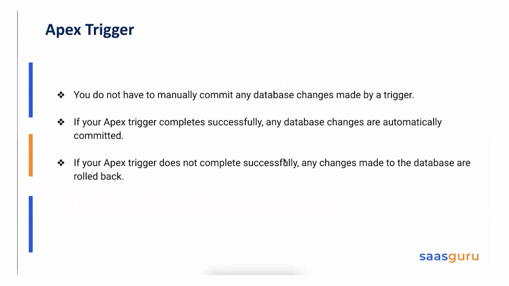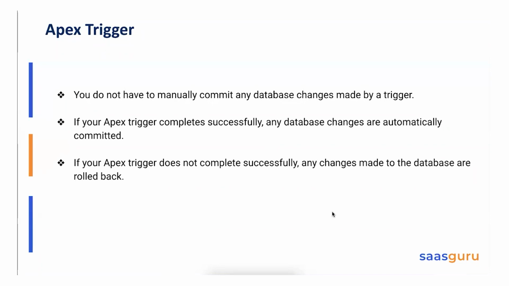And we don't need to commit manually. Suppose my Apex trigger runs and all logic is completed, then every change will be committed to the database automatically. But if the trigger fails, going back to my example, if I am updating something on the account and in the trigger I am also updating a contact, and the contact update fails, then my original changes can also be rolled back if there is no proper exception handling.